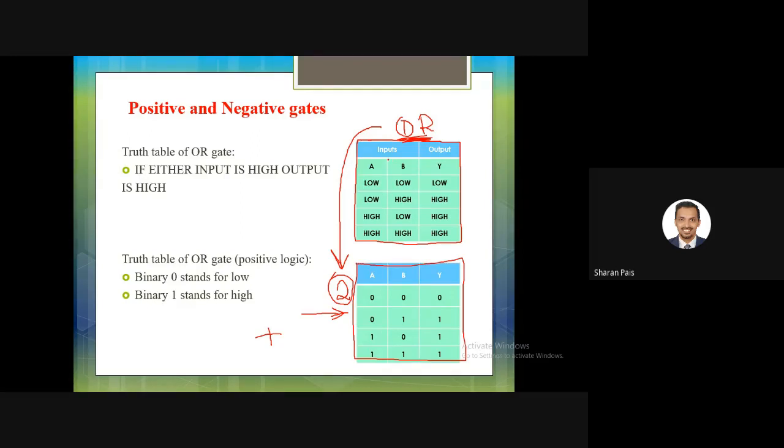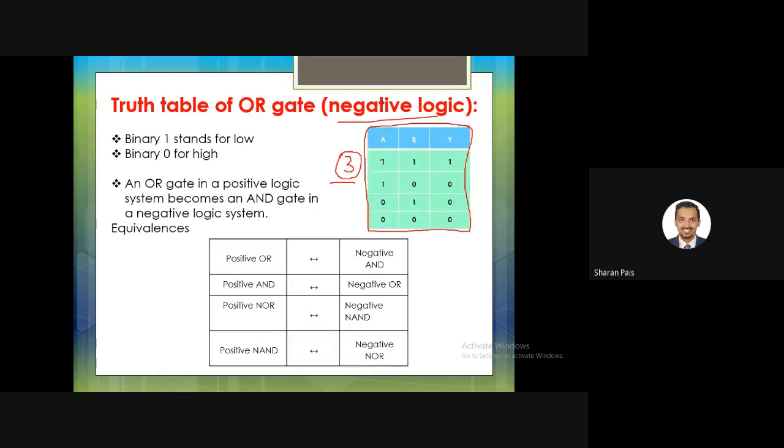For the same OR gate circuit, we applied negative logic and got the AND gate table. So this is the use. It is like reusing. I have a circuit, and I can make it work for an AND gate or for an OR gate, only by changing the logic, the way of understanding.